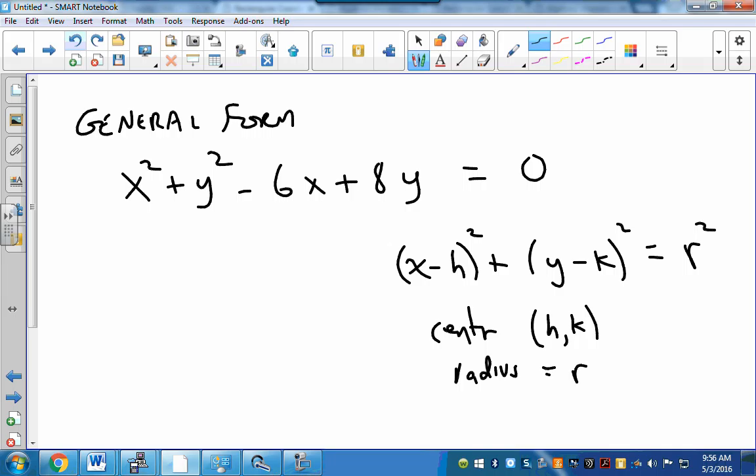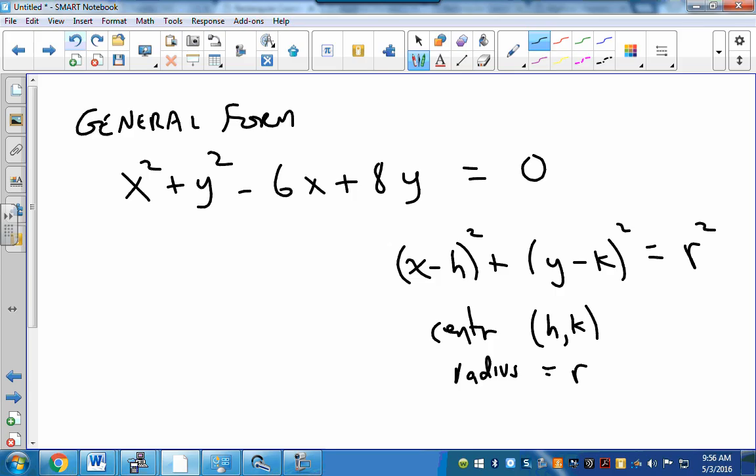Okay, so somehow we have to get the x things together. We have to complete the square to do that. You did this last year. I'll do a couple of examples of completing the square today. Once we get it in this graphing form, or the standard form, then we can find the center and we can draw a picture pretty quickly.